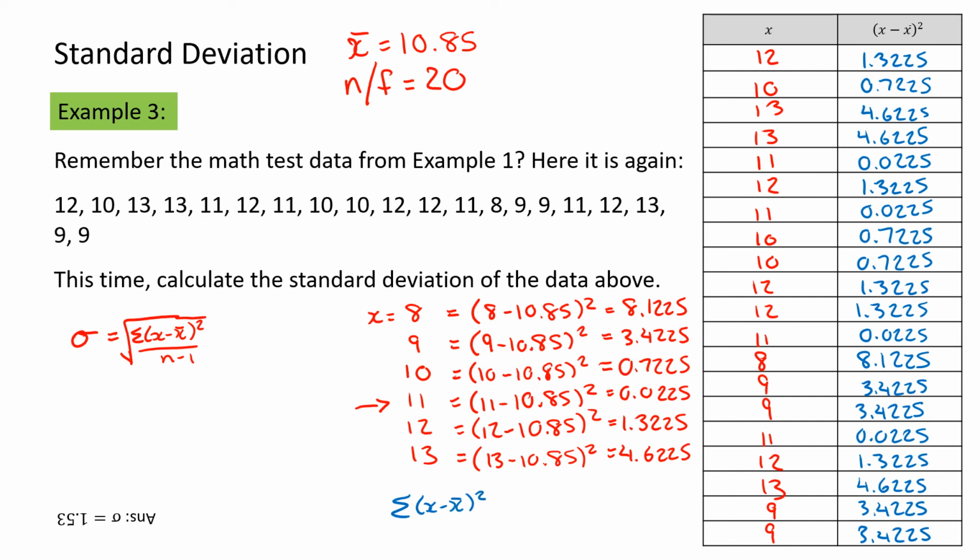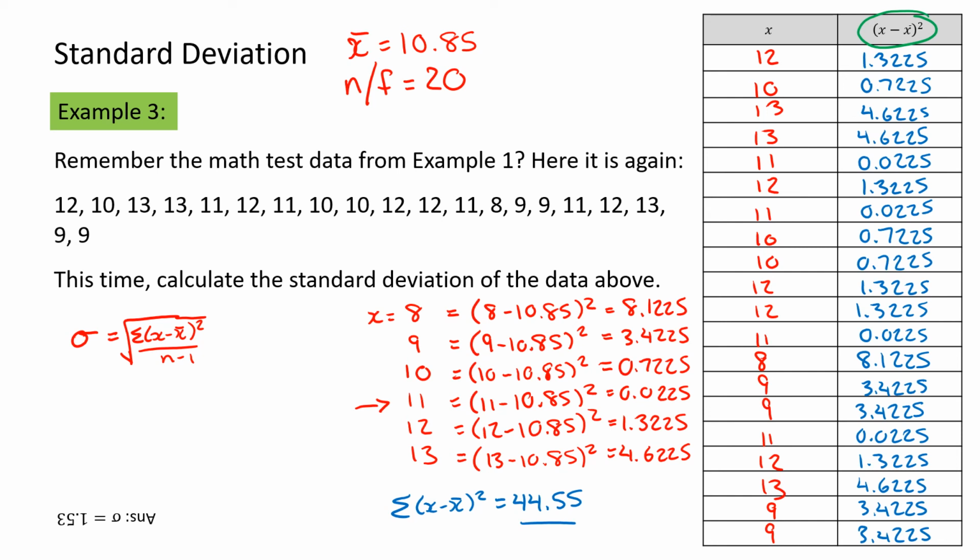Because you're adding up all the x minus x bar squared terms. If you do that, then you get 44.55. Okay? Again, that's just the sum of all the terms in this second column here. So knowing that, that is the key to solving this standard deviation formula.